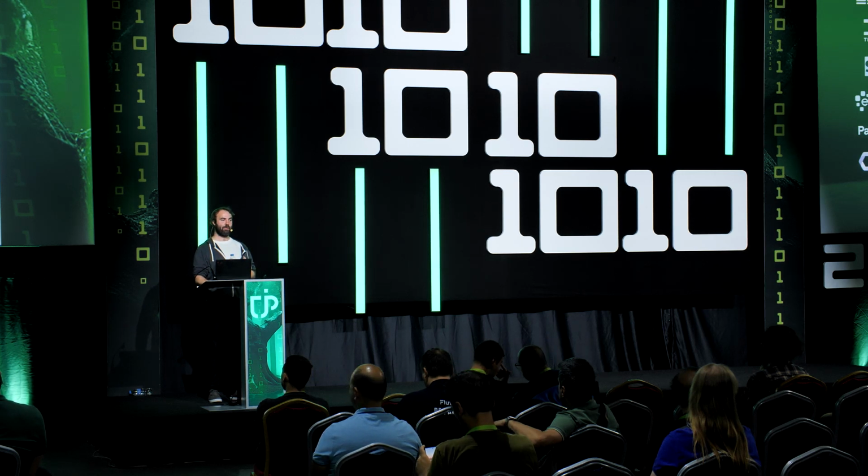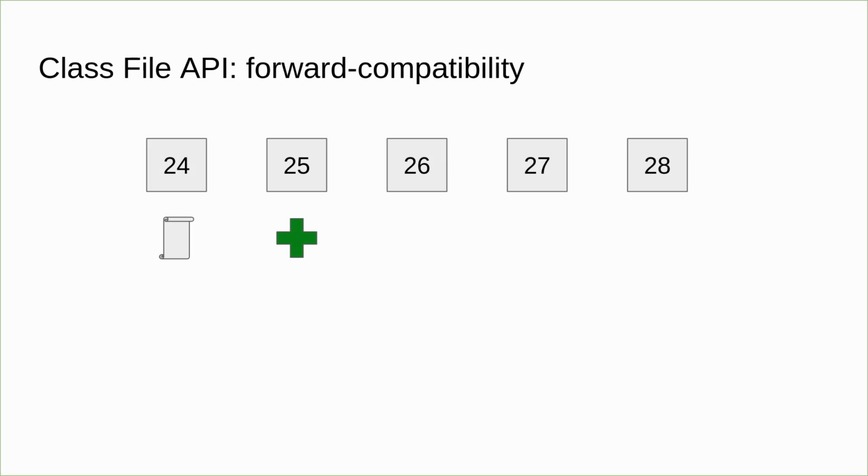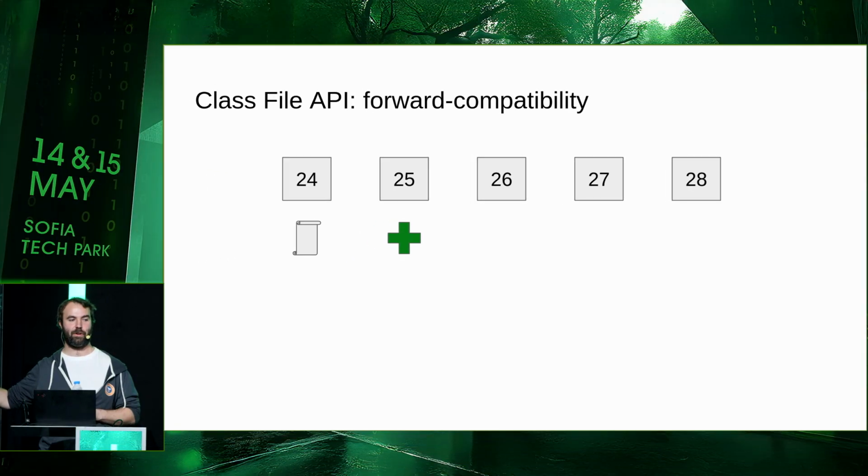So, if I wrote it now in 24, the class file API for 25 will know how to process the class file for Java 25, because this is now not shipped with Mockito, it's shipped with the JDK. And by just plugging Mockito into the class file API, I leave the hard work of parsing the file and making sure it's parsed correctly by the specification to OpenJDK.